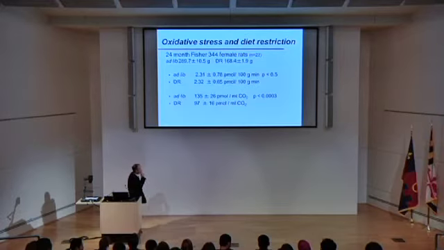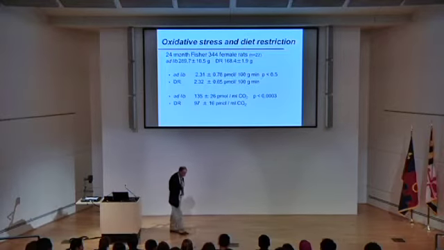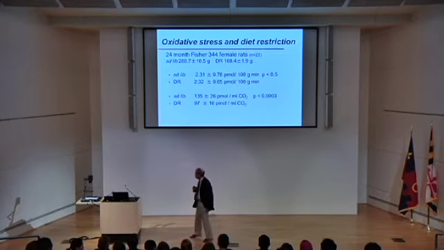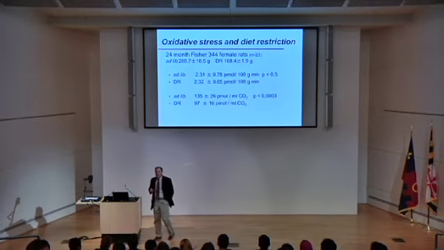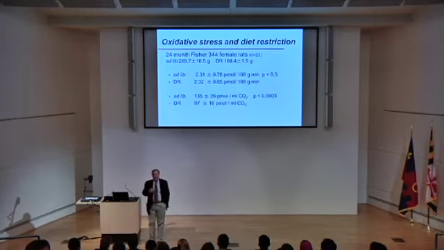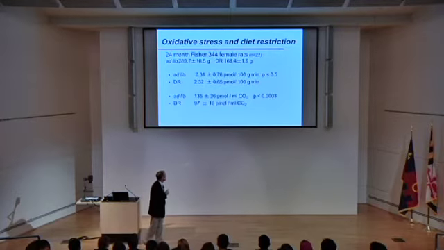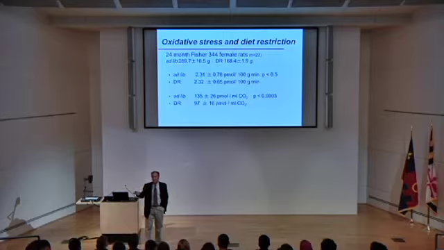This is a study that we did in collaboration with the National Institute on Aging, where we studied rats that were given what's called a diet restriction, restricted by 30% of their diet for a lifetime, or fed ad lib. In other words, they got as much food as they wanted.